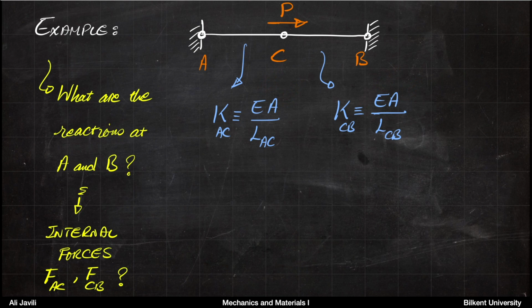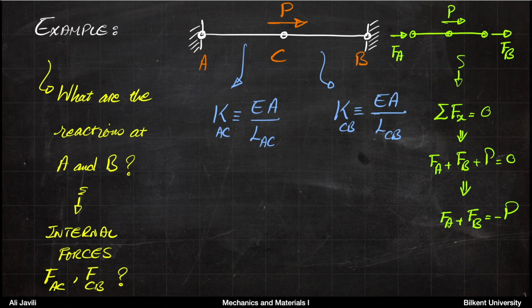Now, for this picture, we want to ask what are the reactions at A and B? So essentially the same question. But we want to answer that from an internal force viewpoint. So we want to think, what are the forces inside the members? Because if you remember, the internal forces were the forces that we used for our axially loaded members to calculate the deformation.